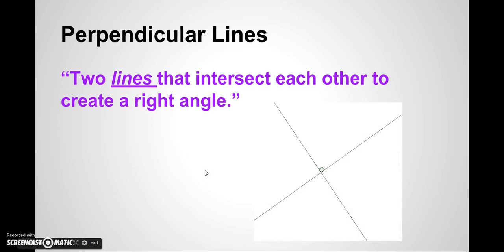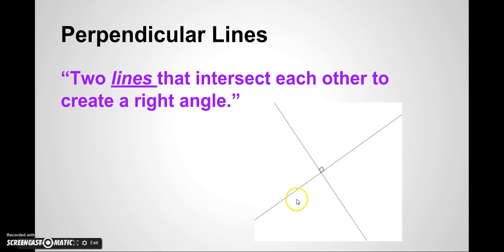Alright, so to follow with that, perpendicular lines are not only not parallel, but they also intersect to form a right angle. So to reiterate, perpendicular lines are two lines that intersect one another to create a right angle. Clearly these are not parallel, but there are a lot of different types of intersecting lines.